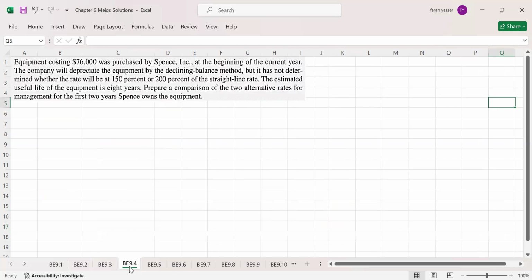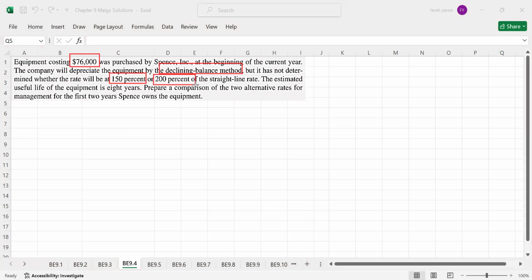So we have another example, brief exercise 9.4. $76,000 cost is given, and the company is using declining balance method, but there's a confusion: the company has not confirmed whether to use 150% or 200% of the straight line rate.